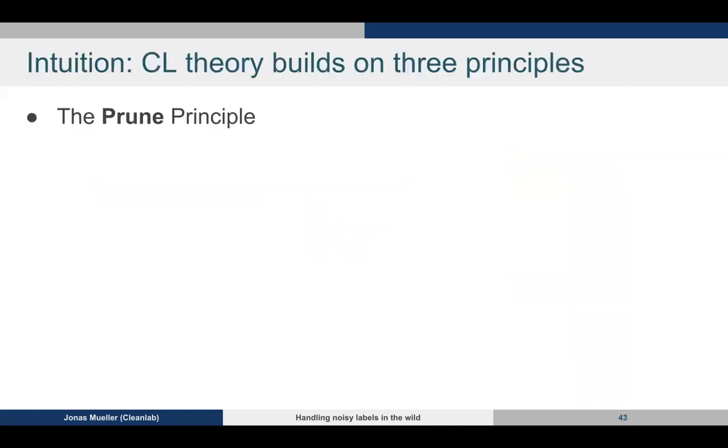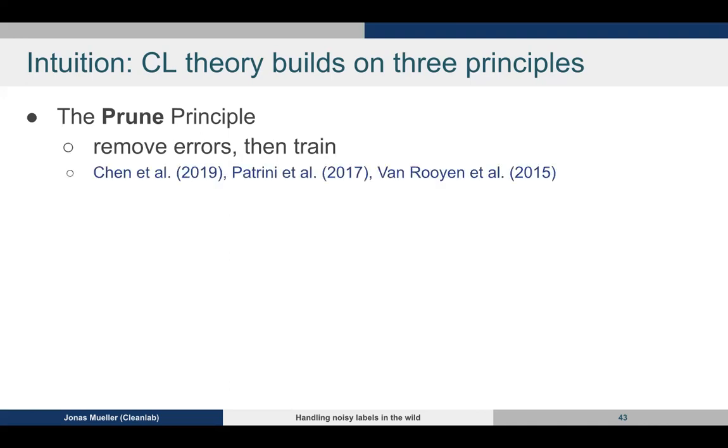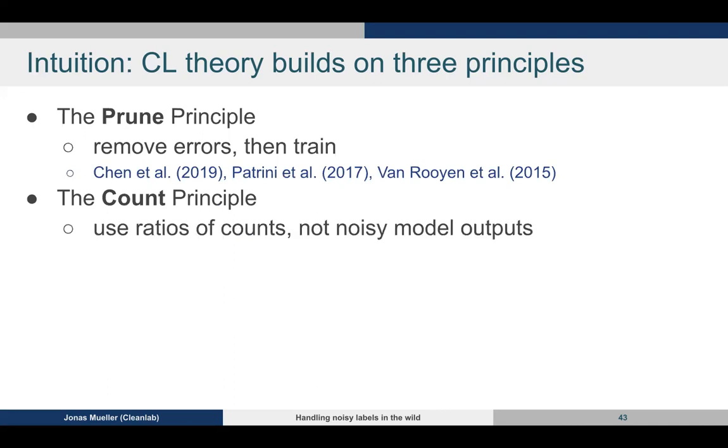Okay, and so I'm going to just briefly talk about some principles of why the confident learning type of methods tend to be good. The three principles at play here are the prune principle of just removing the errors that are inferred, and then training. The count principle is using these ratios of counts rather than any continuous model outputs, like direct use of predicted probabilities from the model.